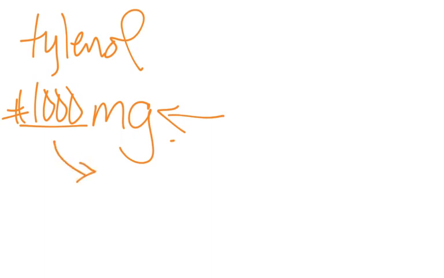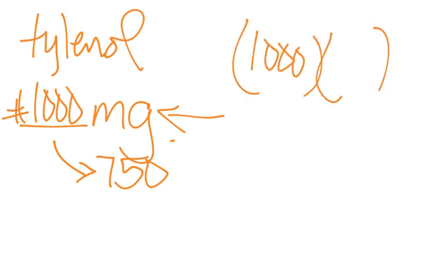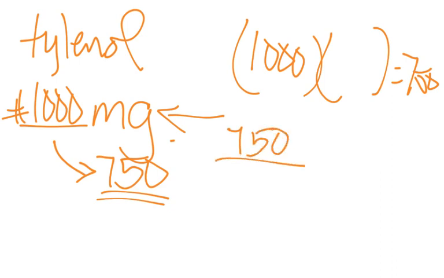So I went from 1,000 to 750. So what did I multiply 1,000 by to get to 750? Well, remember what I did was I took 750 and I put it over 1,000, and I can divide that.